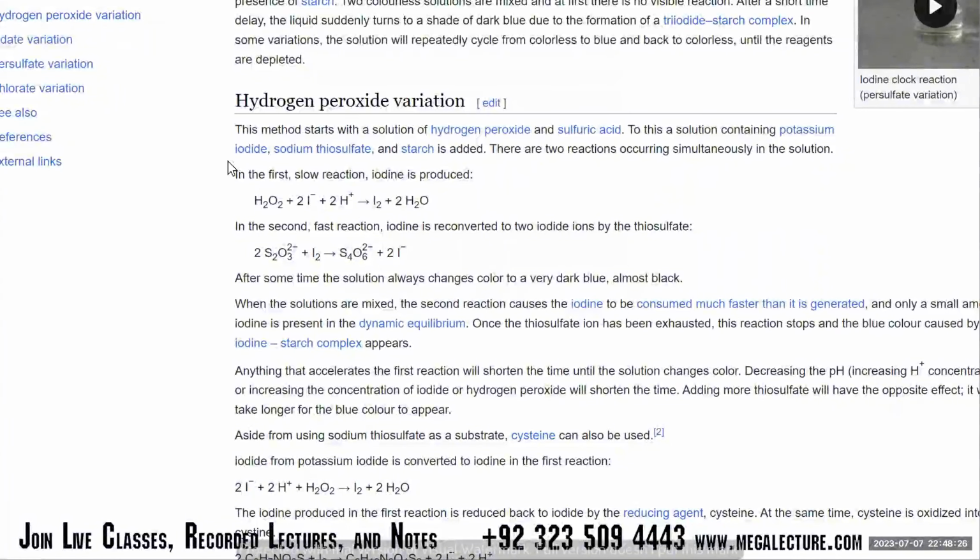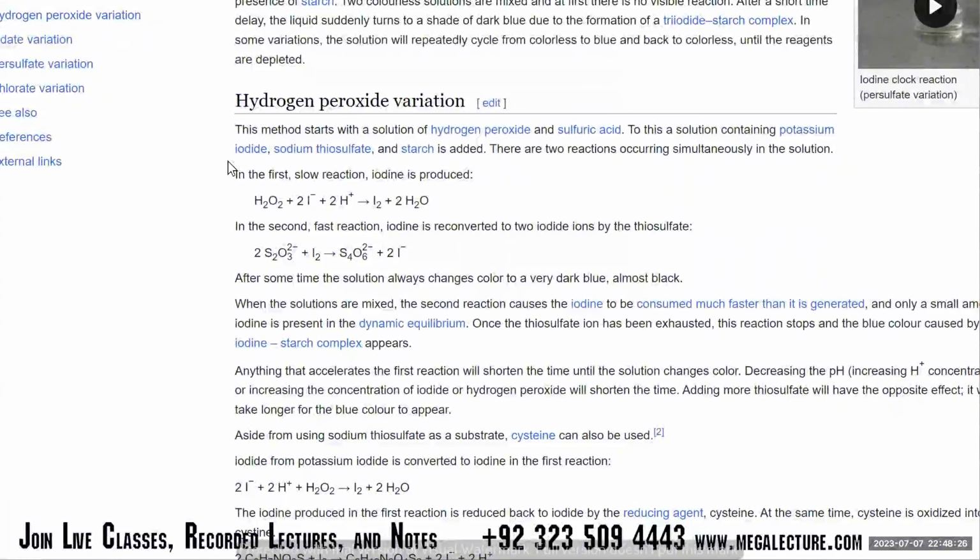This is one example of what an iodine clock looks like.